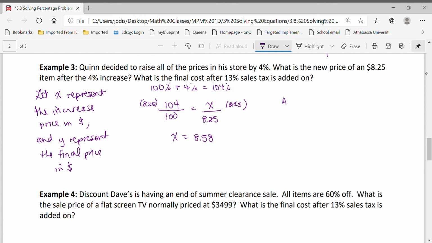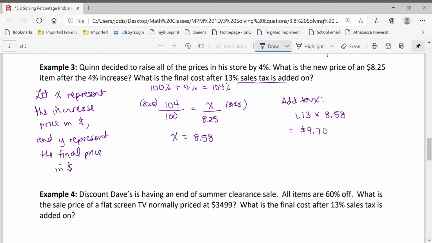And then we want to add the tax. So an easy way to add sales tax, 13% HST, we can just do 1.13 times the amount. That's probably the easiest way to ever add HST if they just want a final cost. And that gives us $9.70.